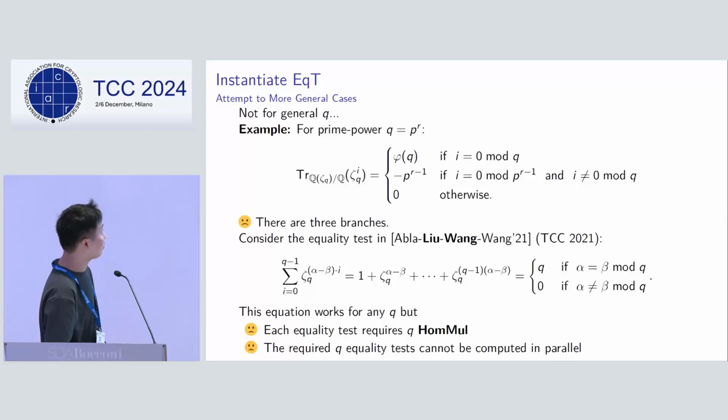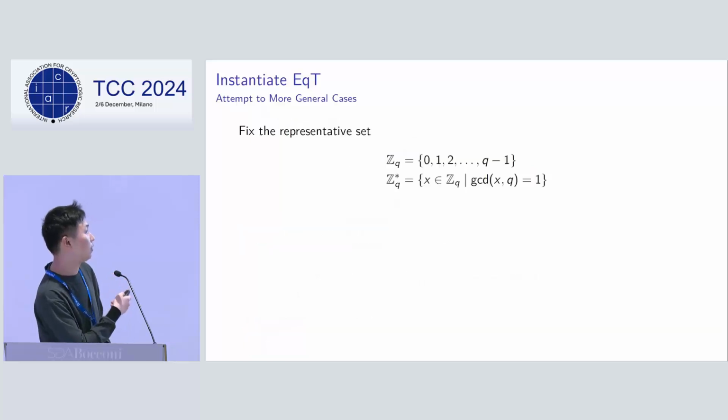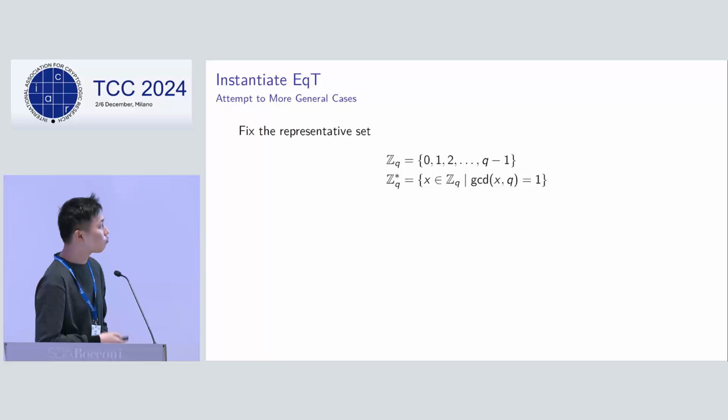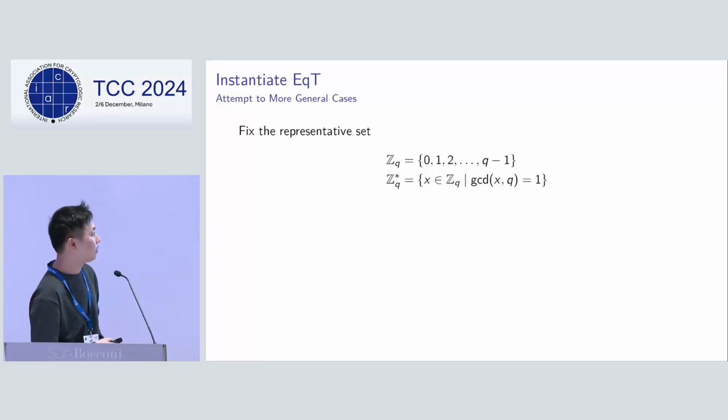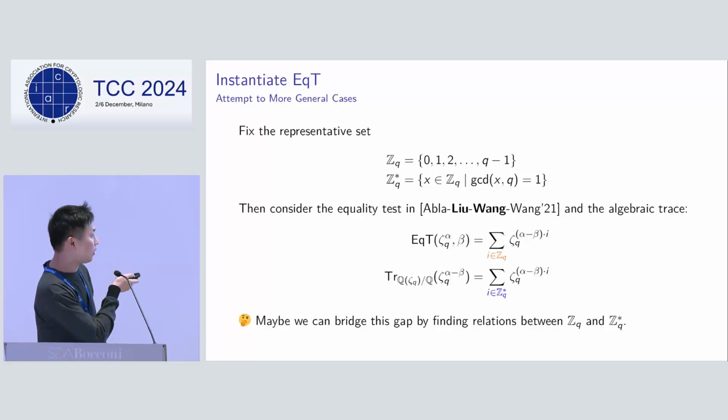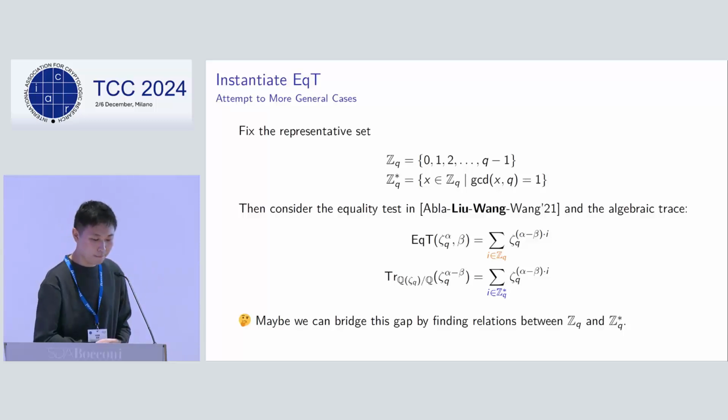To address this issue, let's fix the representative set of Z_Q to be the integers from 0 to Q minus 1, and Z_Q star to be the integers in Z_Q that are coprime to Q. We observe that the index in the equality test is from the set Z_Q, and the index in the trace is from the set Z_Q star. So a straightforward idea is that maybe we can bridge this gap by finding relations between Z_Q and Z_Q star.